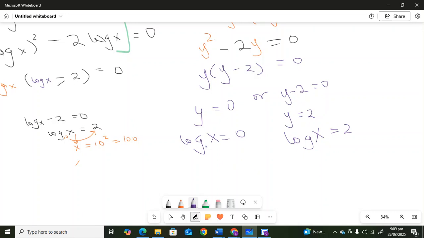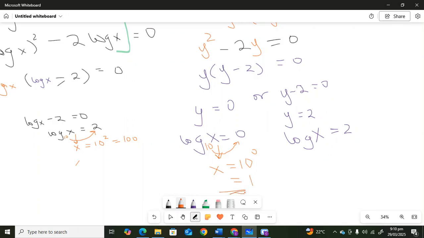Now I want to find the value of x. So we're going to apply again this rule here. This log, the base is 10. So you take this base with the number on this side, so it becomes 10 to the power 0, and this x, bring it down here. So x equals 10 to the power 0, that is 1.